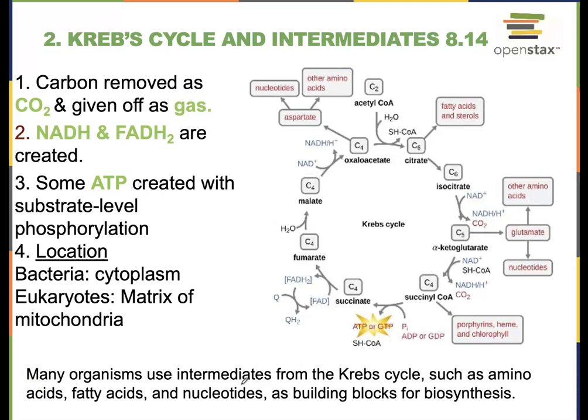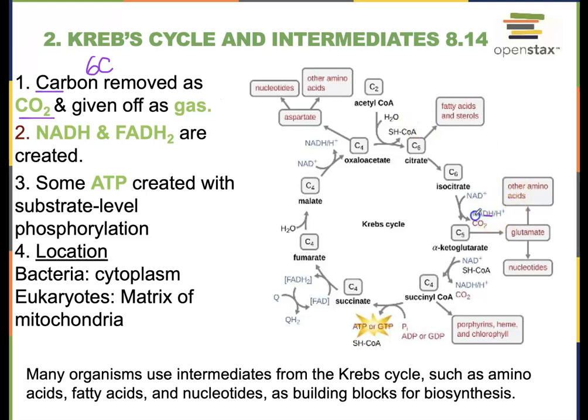The second step is called the Krebs cycle, and it is a cyclical reaction, as the name suggests. What it does is it really removes all the carbon from our glucose. So remember, our glucose was a 6-carbon molecule, and all of our carbons are going to get basically released as a waste product, carbon dioxide.